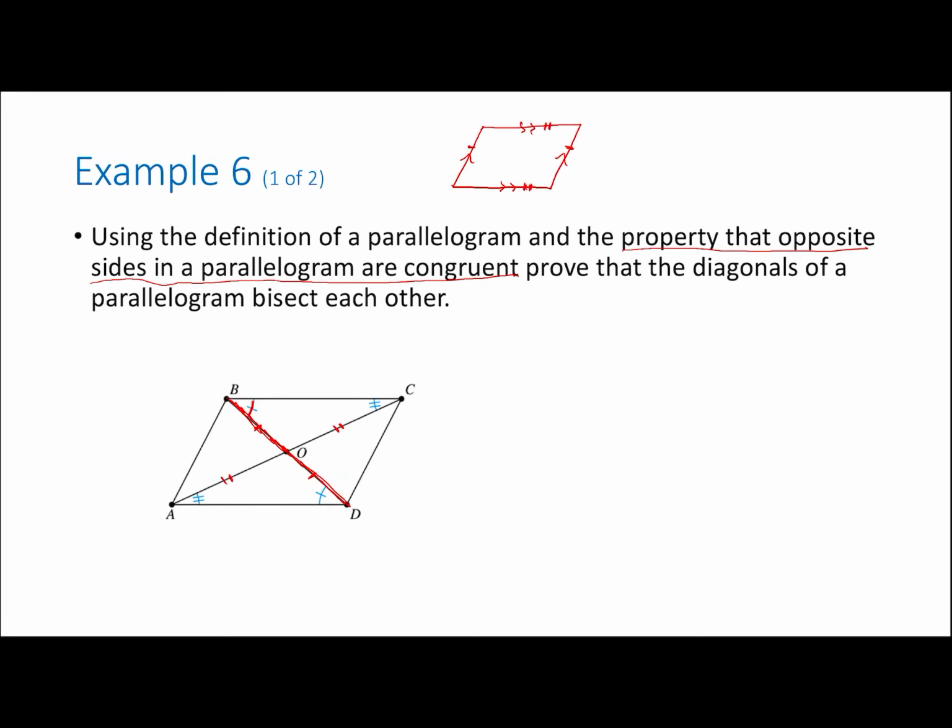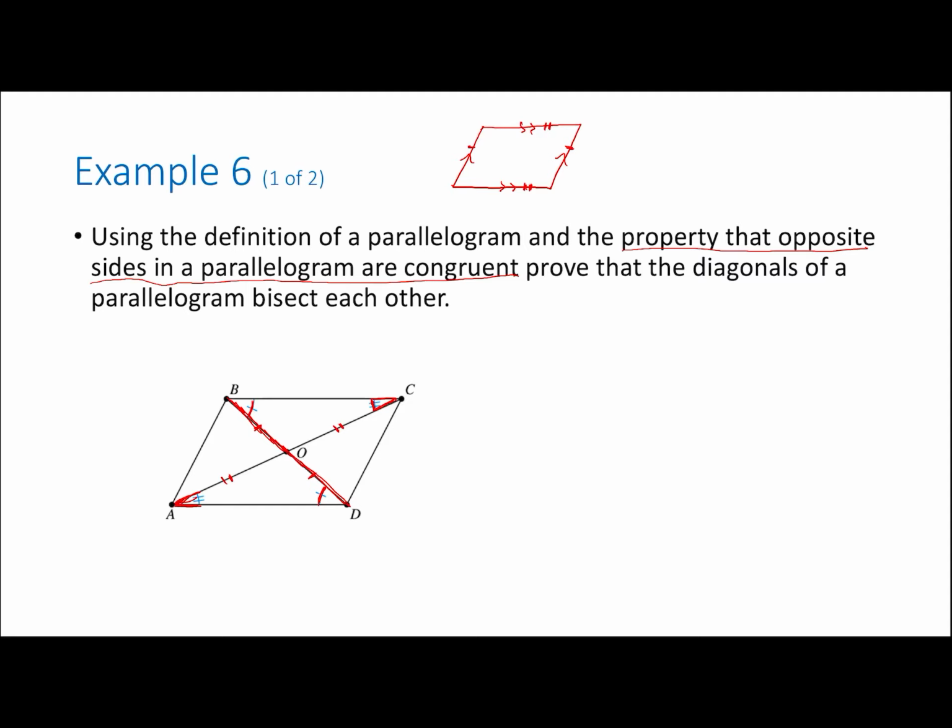Okay, now, one thing that we also know is that if this is a parallelogram, then this segment that you see, BD, is considered a transversal. And so it's a parallel line cut by a transversal, which means that this angle CBD has to be congruent to this angle ADB, because they're alternate interior.